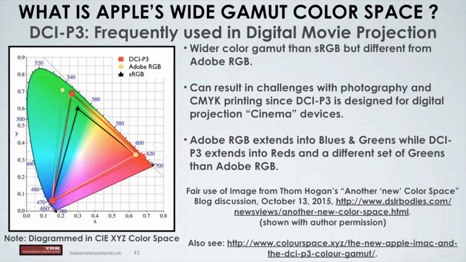Artists in the world got mad because it was around the iPhone 7 that Apple made this decision. They said, what are you doing? Because it doesn't match Adobe RGB and the colors won't match up. They made these diagrams: look at Adobe RGB, that little yellow diagram, and it's not going to DCI-P3.